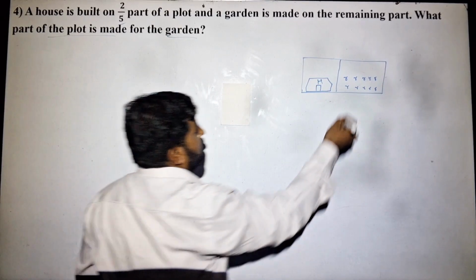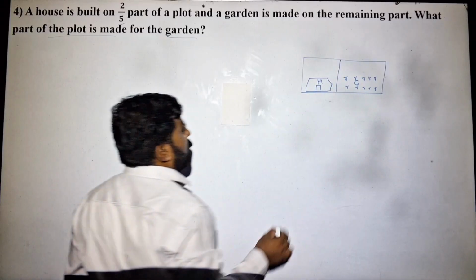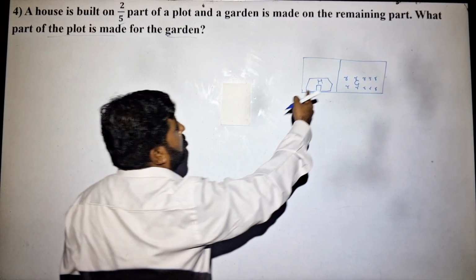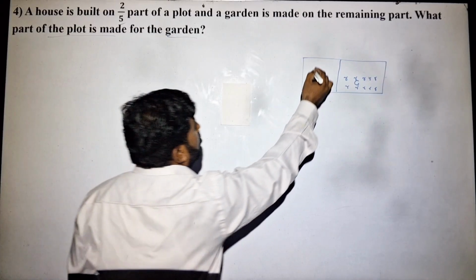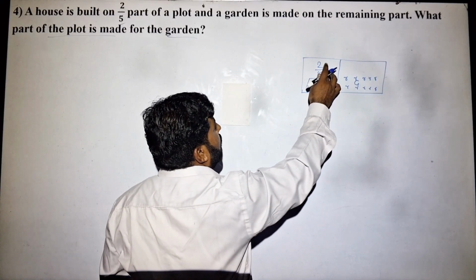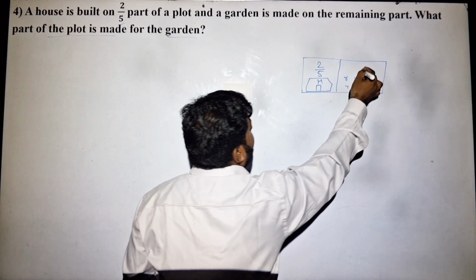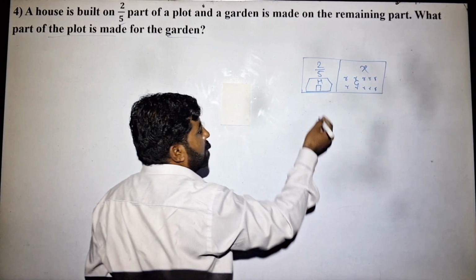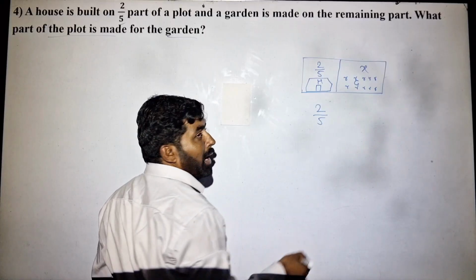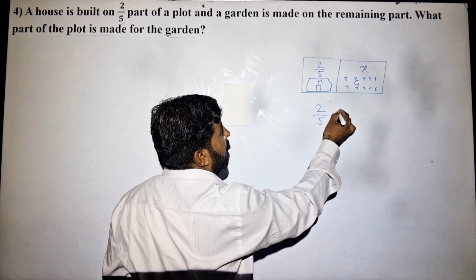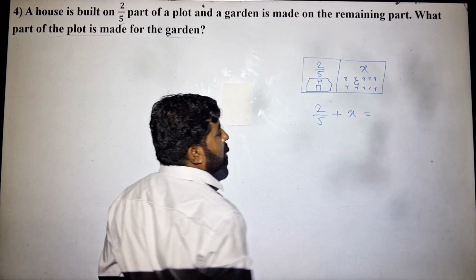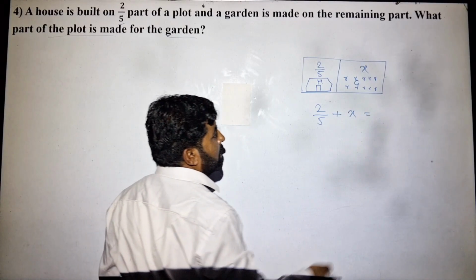Okay. Now the part of the plot for a house is 2 by 5, and if we consider the part for the garden as x, then we know that the total part of the plot can be calculated by adding both the numbers 2 by 5 and x.